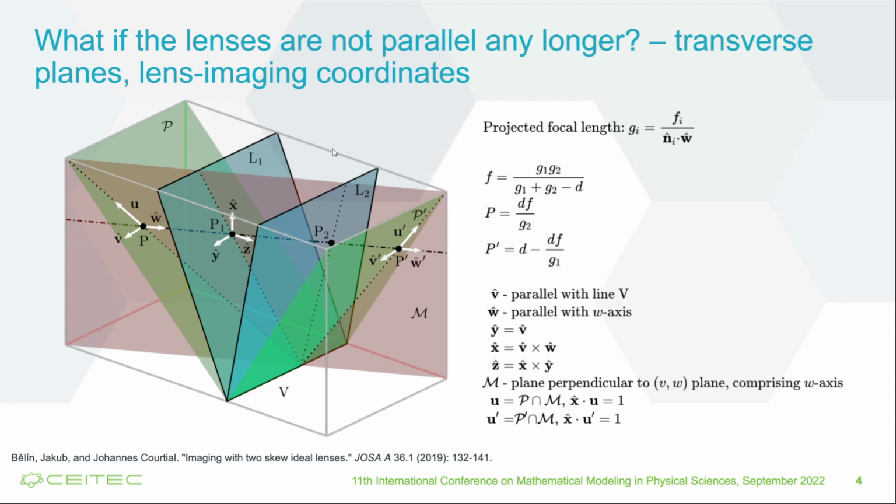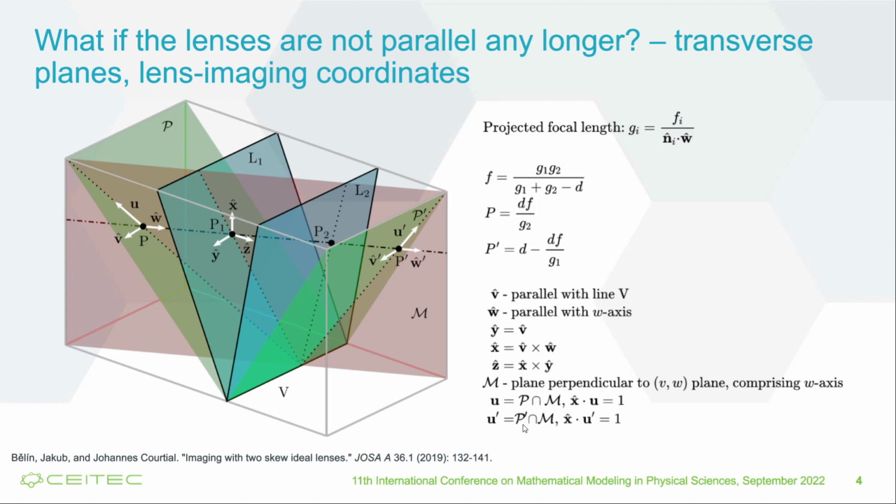First two basis vectors v, w and v', w' are chosen to be parallel with line V and with the w axis respectively. The remaining basis vectors u and u' are then expected to lie on an intersection line between the plane M and planes P and P' respectively.